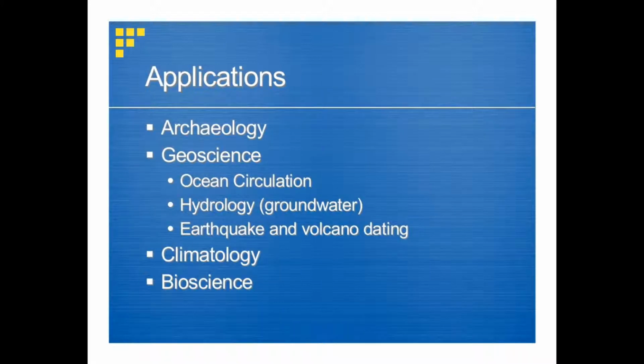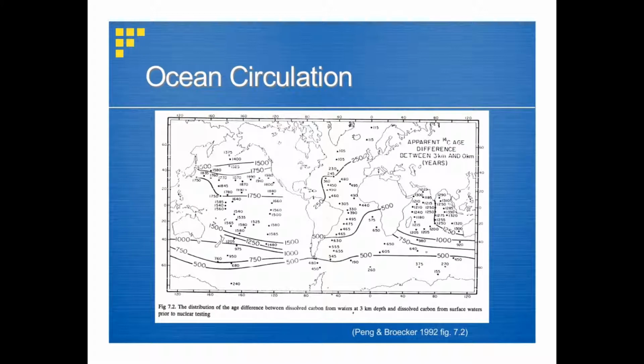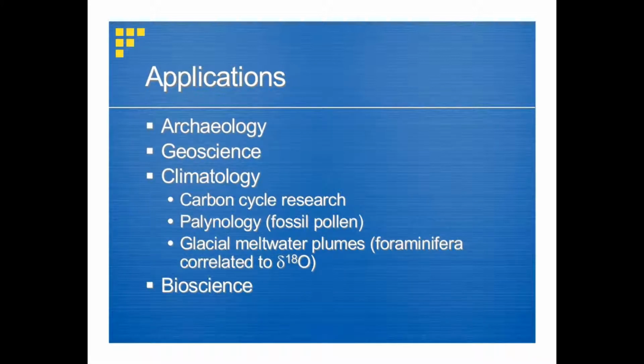Geoscience, there's a lot of applications. This is ocean circulation, as we saw yesterday from Keith Miller. The ocean waters have been dated by radiocarbon at 3 kilometers and at 0 kilometers, and you look at the difference, you can see the residence time in the ocean and deduce the ocean circulation. Climatology, a lot of things have been done.